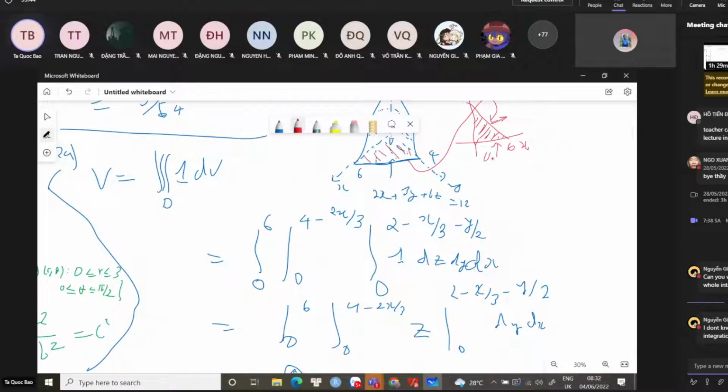Okay. So now you access this region for all values of x from 0 to 6. And then you can see that when you go in this direction, first you meet this line equal to 0.